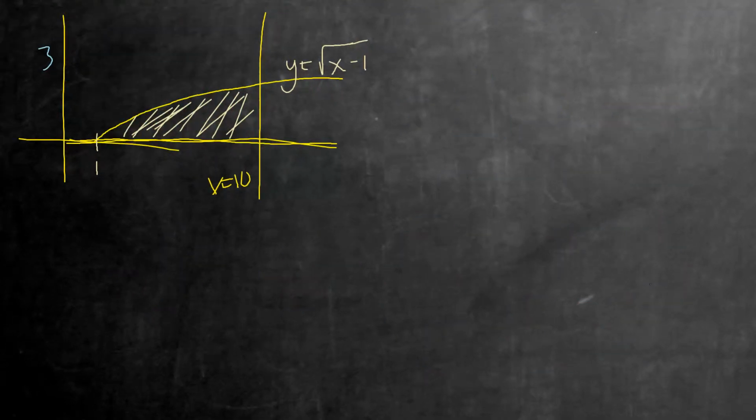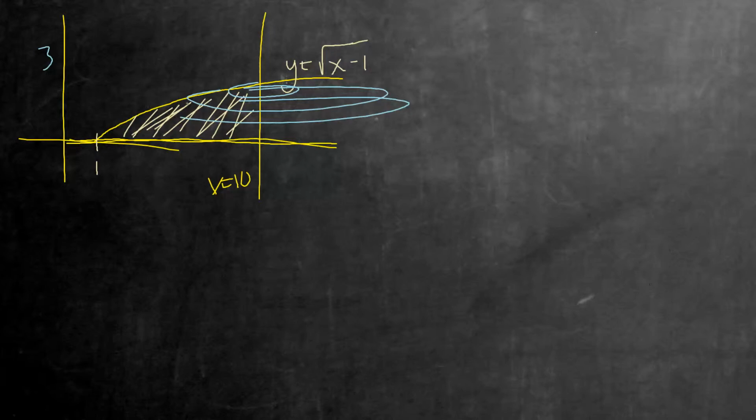All right, and part C says find the volume of the solid generated when R is revolved around the vertical line x equals 10. So we're looking right here. So now we're going to revolve around that. Something like this. So because we're rotating vertically, we want to put things in terms of y.